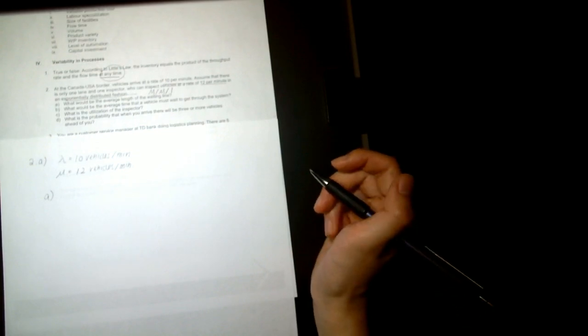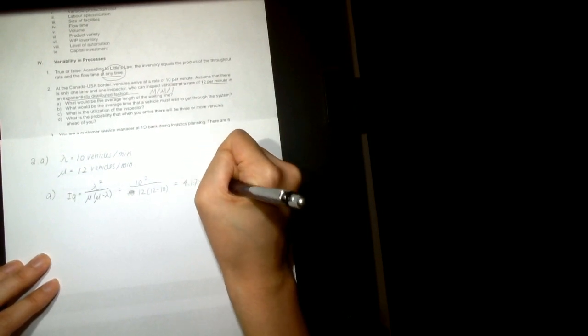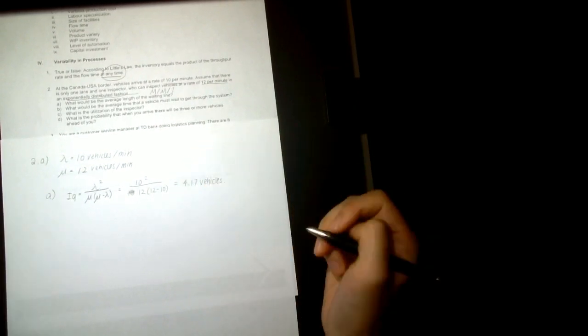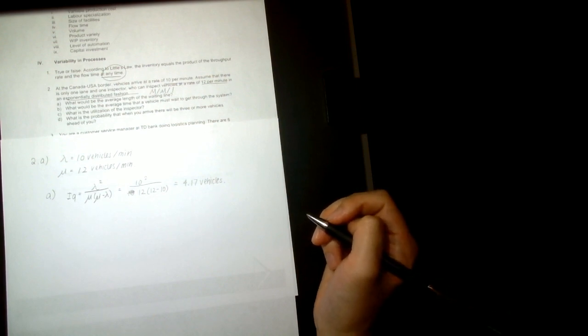If you look back at the formulas I gave you for the first type, Lq equals λ squared over μ times (μ minus λ). So you just put the numbers in, 12 minus 10, and you would get 4.17 vehicles. So the average length of the waiting line would be 4.17 vehicles in line.